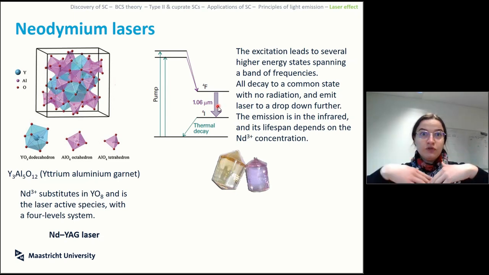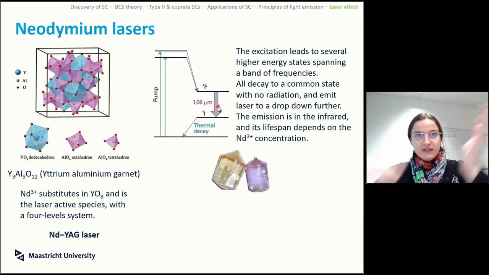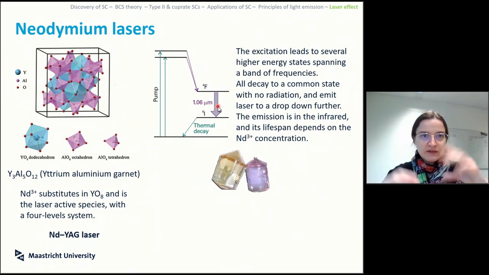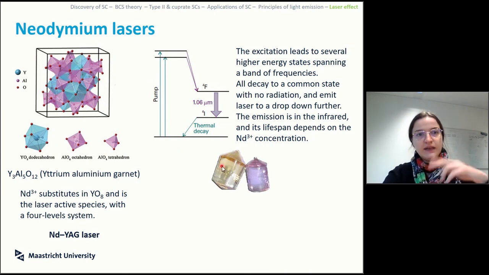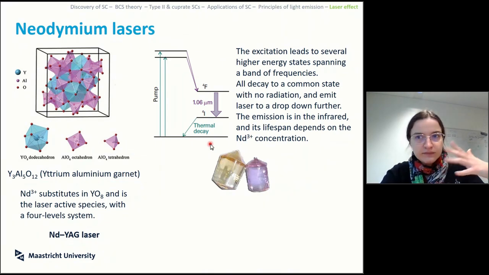So you can just excite, you get a nice population inversion, you populate this level, and at that point, when it starts to decay, it decays with a wavelength that is basically 1,000-something nanometers.